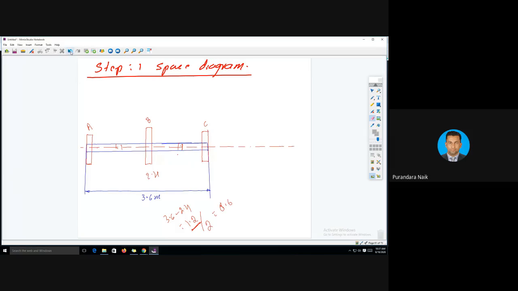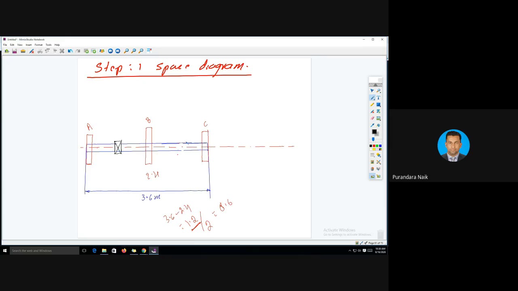Okay, I am going to consider the bearing now. I'll take the bearing somewhere here. So this is the first bearing, and bearing is denoted by cross lines.